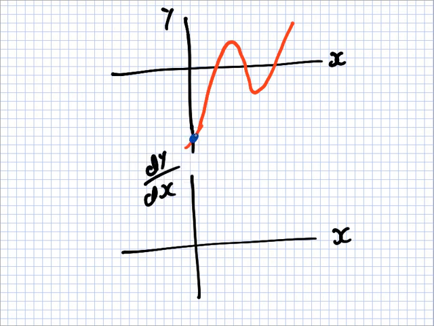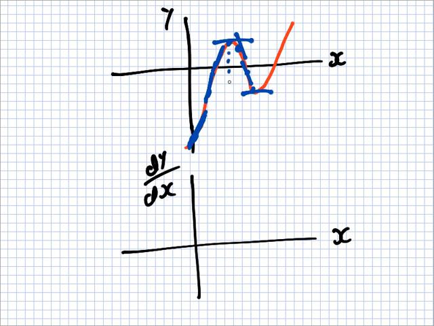Well, it's the slope of the tangent. So what's the slope of the tangent here? Positive. And here? Positive. And here? Positive. And here? 0. So describe in words what's happening to the derivative function. It's going from positive to 0, so we say it's decreasing. And then here it goes negative, and here it goes negative, and then here it's 0 again.